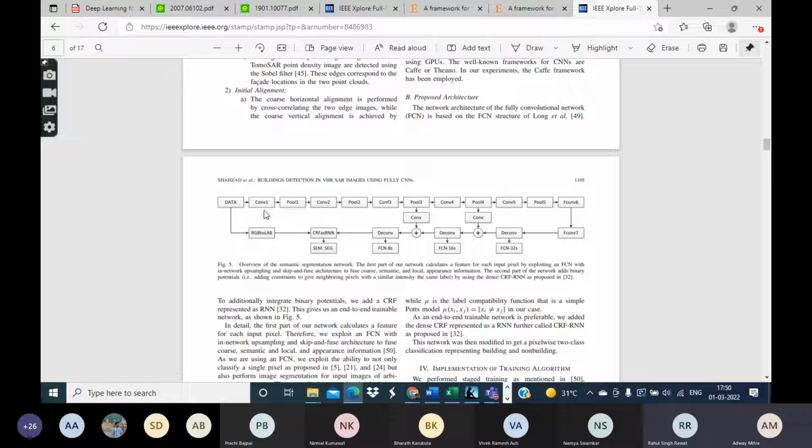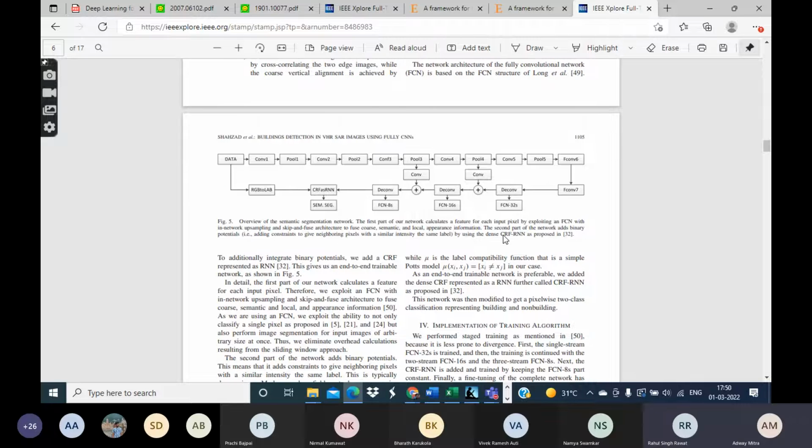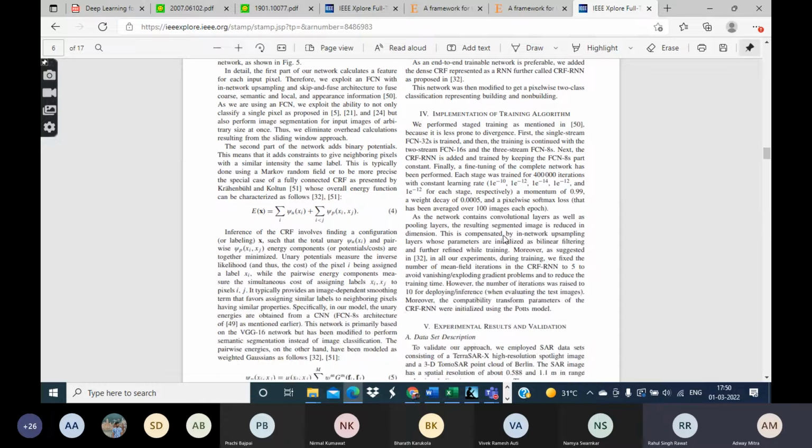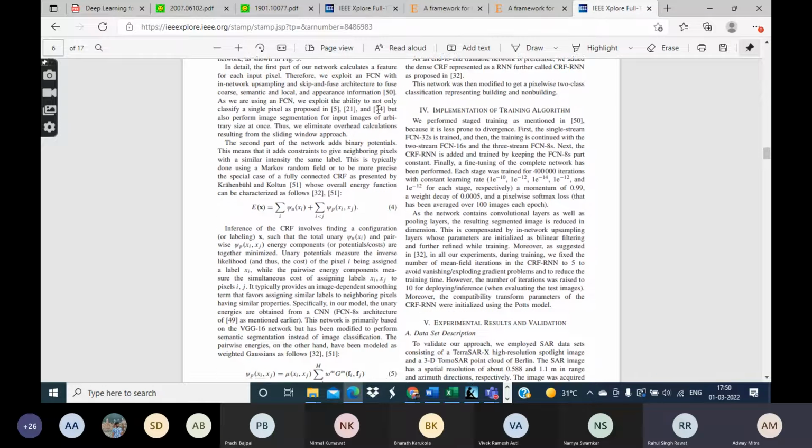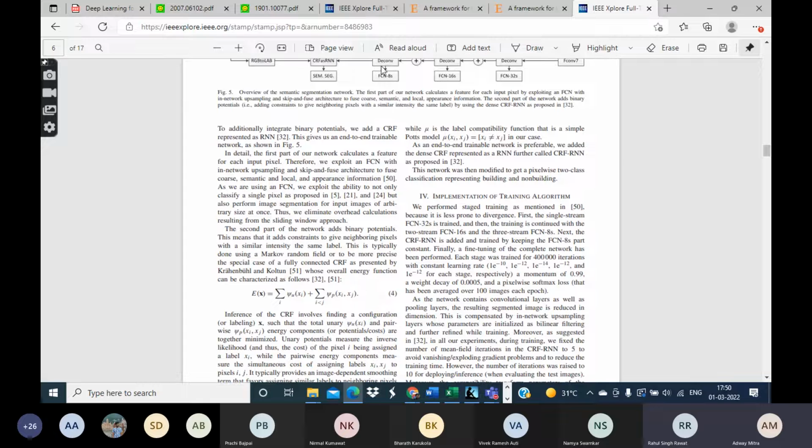So this is also a fully convolutional neural network. That is, there are only convolutional layers and pooling layers. It's a U-Net kind of thing because there is some upsampling also. This is done through deconvolution. And then they have also used the CRF, the conditional random fields, for that same purpose as said earlier, that is for every pixel.